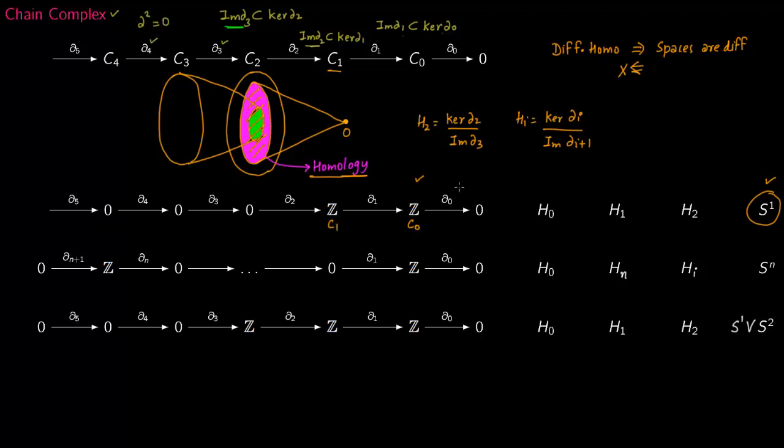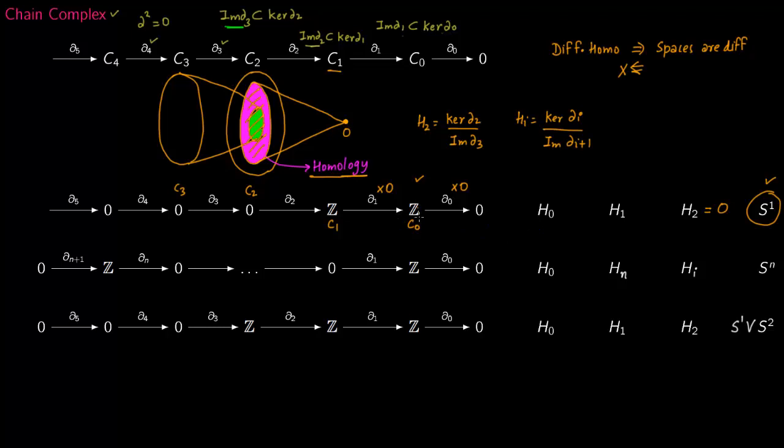So the first map delta 0 is nothing but multiplication by 0. The second map delta 1 is also multiplication by 0. So first notice that C2 is just 0, C3 is just 0, C4, C5, and so on are just 0. So the homology group at C2 will be just 0. You have nothing here.